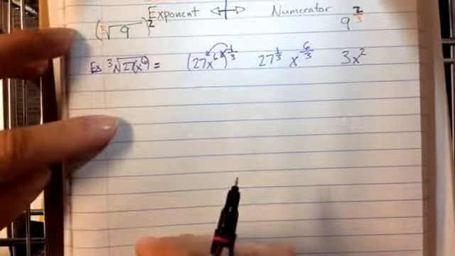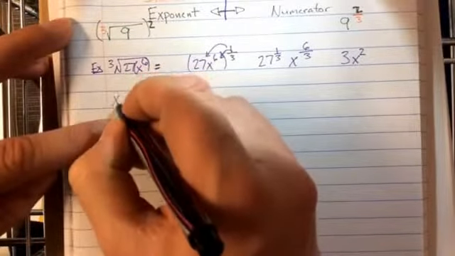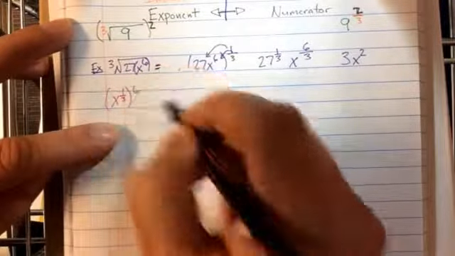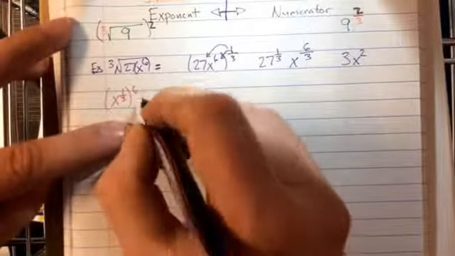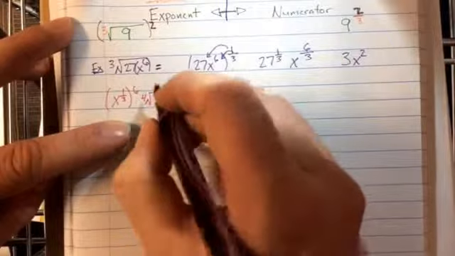What if we had another example of x to the 1/3 to the 6th power multiplied by the 4th root of y to the 4th?